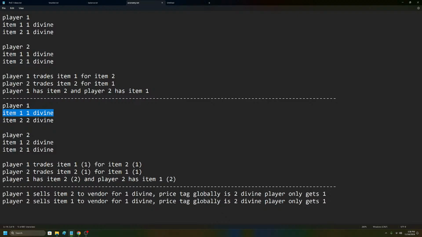So when player 2 looks for any item that he has that's worth 1 divine, it's worthy of being traded to player 1, and player 1 knows he's not getting scammed whatever the item, because in his market he doesn't have that item for any other price besides 1 divine. So he can always just sell the item. Even if he doesn't want the item, he can just sell it and get a divine. So it's worth the trade no matter what, even if it's an item you will never use.